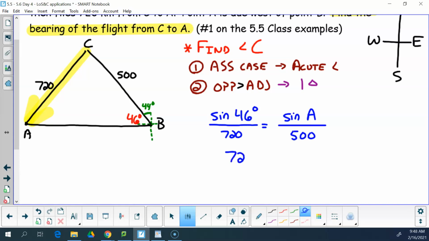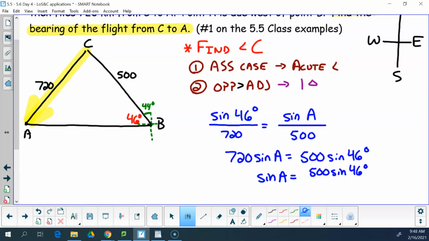So 720 sine of angle A is 500 sine of 46 degrees. Sine of angle A is that divided by 720.